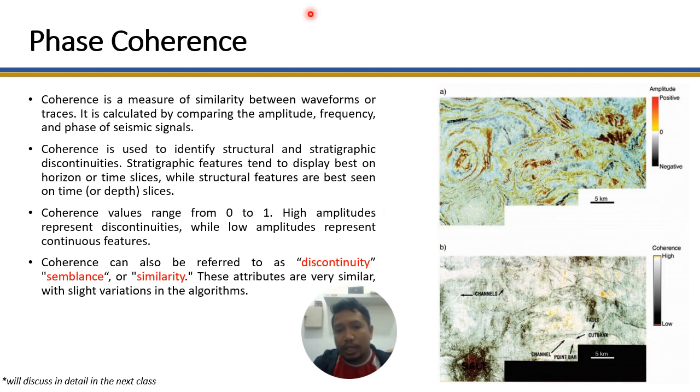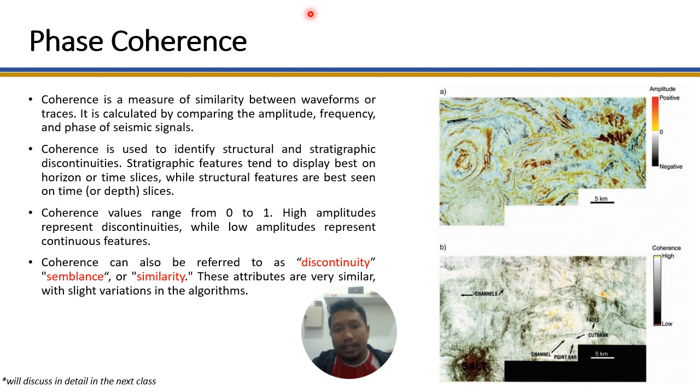And finally, we can use phase coherence to identify channel edges. So channel edges are often characterized by high coherence value. This is because the seismic wave is reflected off the channel edges, and the reflected waves are very similar at different traces.